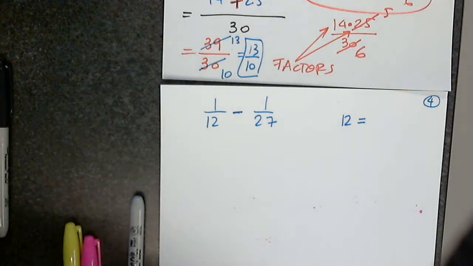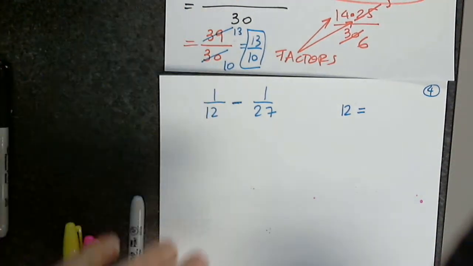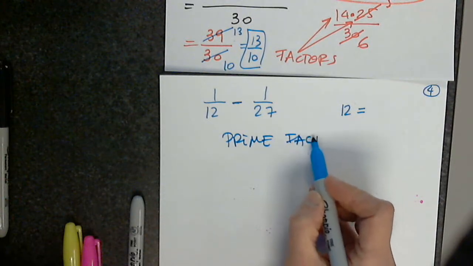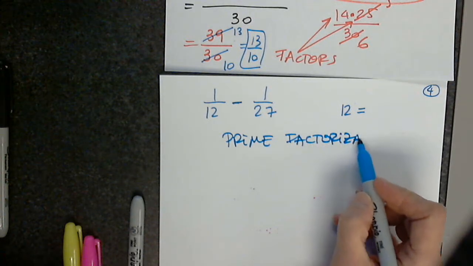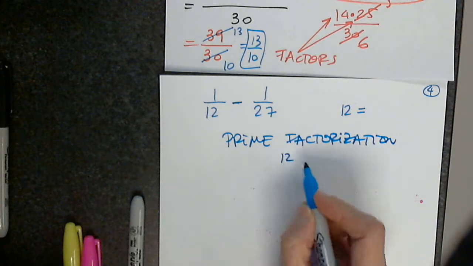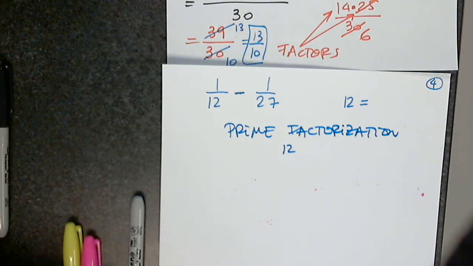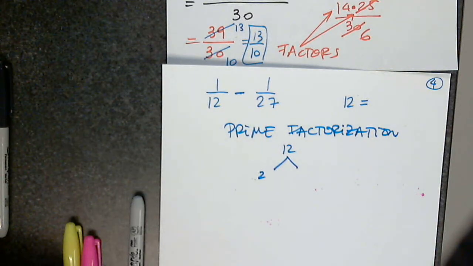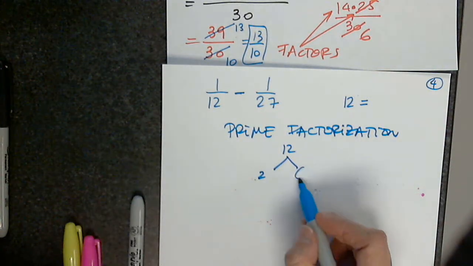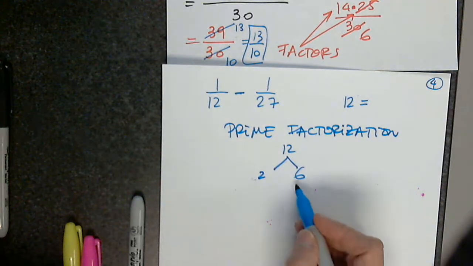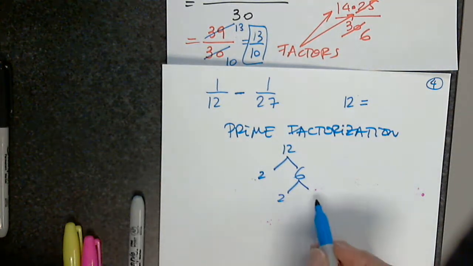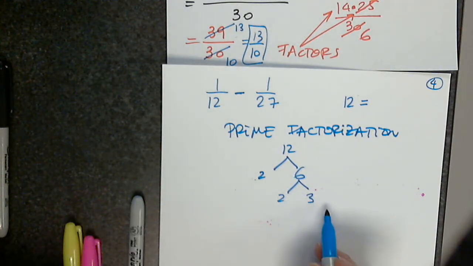What is the prime factorization of 12? 12 is an even number, so it must be divisible by 2. When I divide 12 by 2, I get 6. 6 is an even number. It must be divisible by 2. When I divide 6 by 2, I get 3, and now these are all prime numbers.